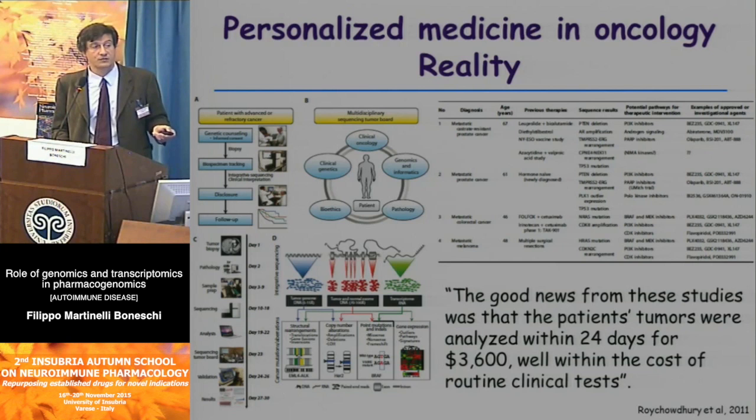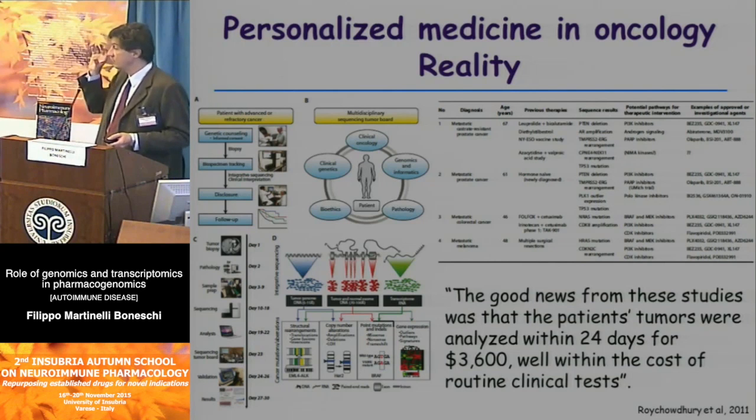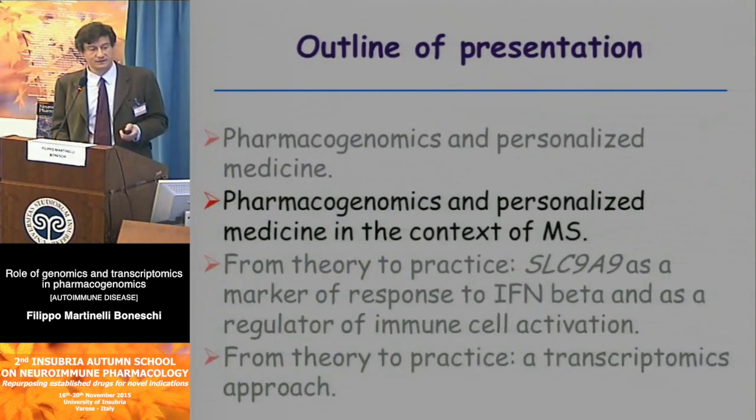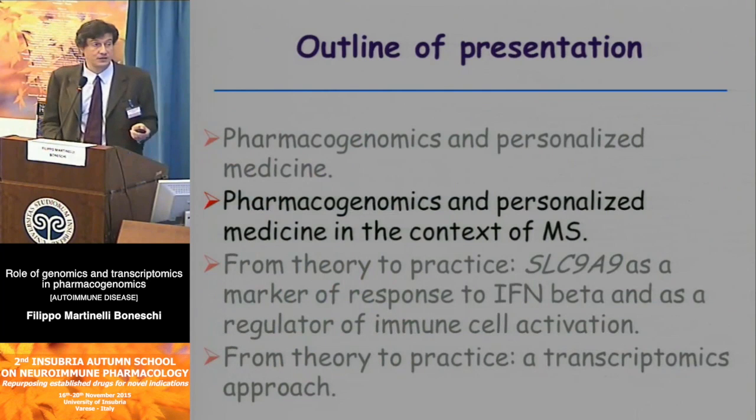So this is an example of personalized medicine. By studying the specific individual characteristics of that tumor, it has been possible to provide the right drug and to improve and treat the disease of a patient.